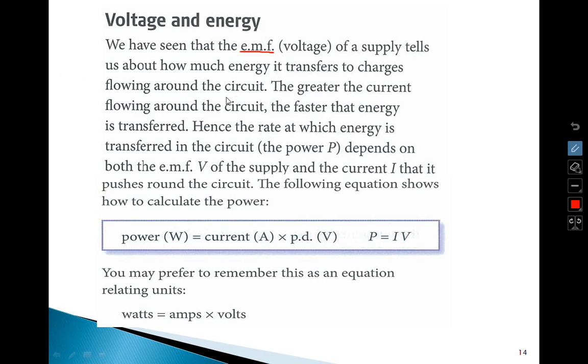The greater the current flowing around the circuit, the faster that energy is transferred.